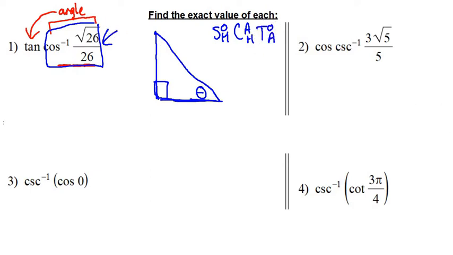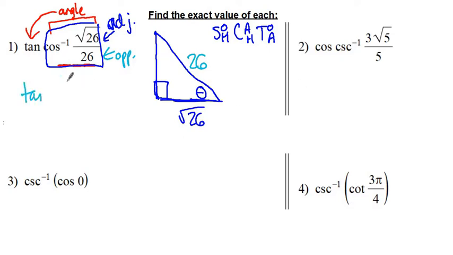So that means this angle theta has an adjacent side of root 26. That's adjacent, so root 26 would be right here. And then it has a hypotenuse of 26. So that's right there. Okay, so this is the angle.